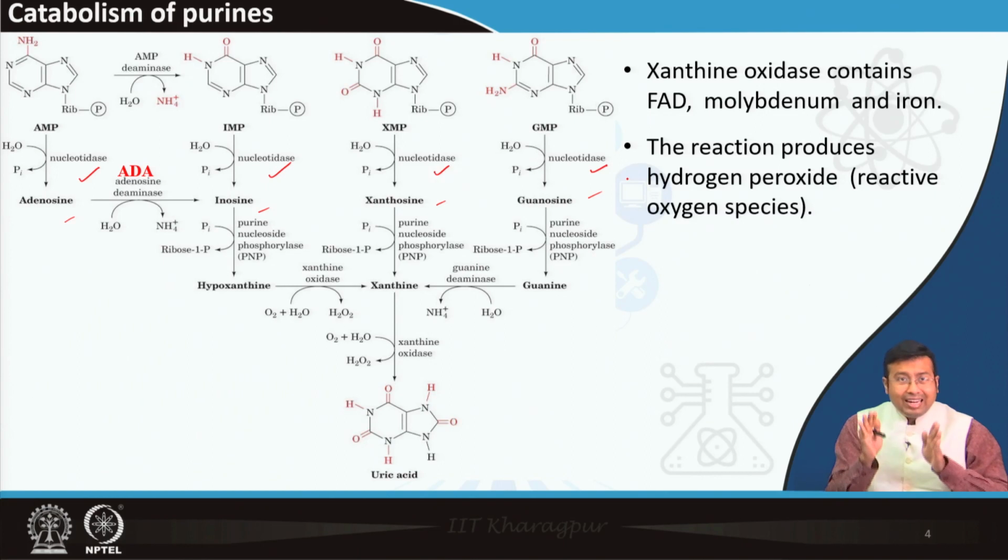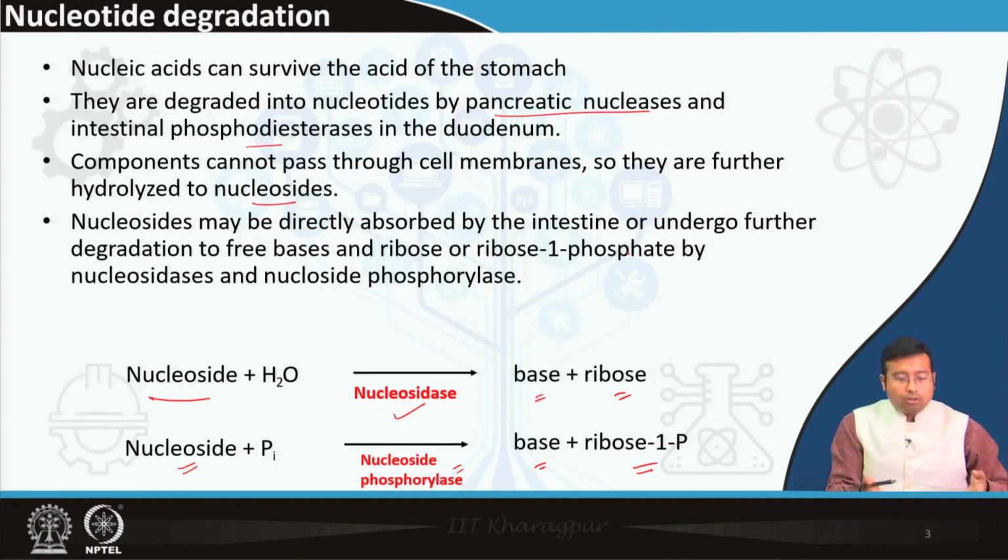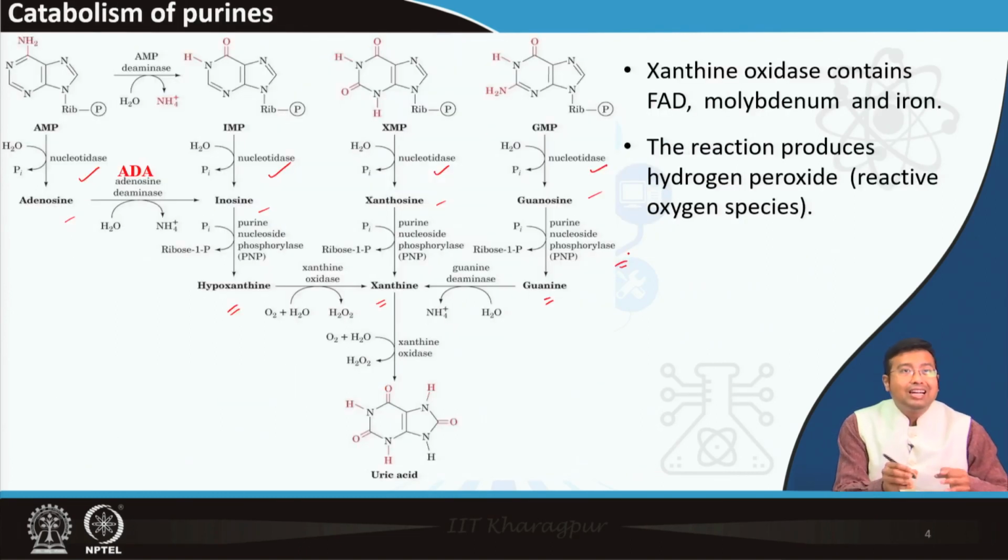Next, nucleoside phosphorylase breaks these nucleosides down to ribose 1-phosphate as well as simple bases. This pathway shows the application of nucleoside phosphorylase, but know that there are also nucleosidase enzymes that can directly convert the nucleoside into base and ribose, which is not shown here. We are showing nucleotidase because when there is phosphate, these are nucleotides.